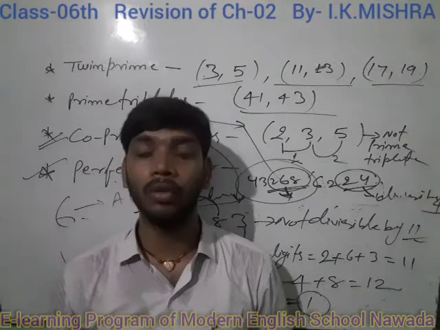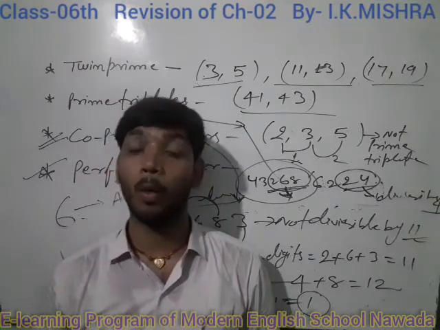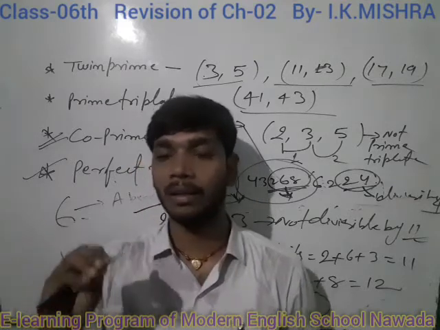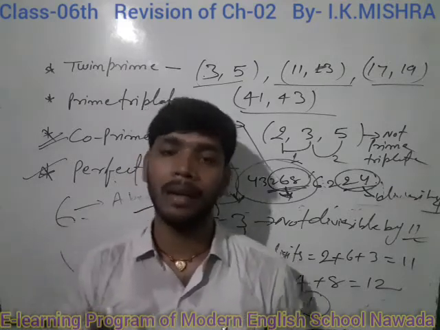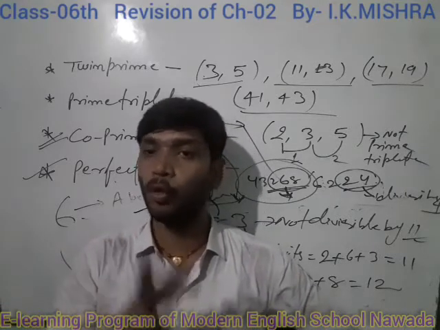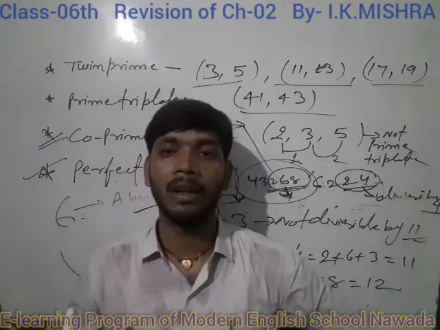Students, here I give you homework: complete all the questions of exercise 1A, and in exercise 2A and 2B complete at least 2 questions of each, from 1 to last.